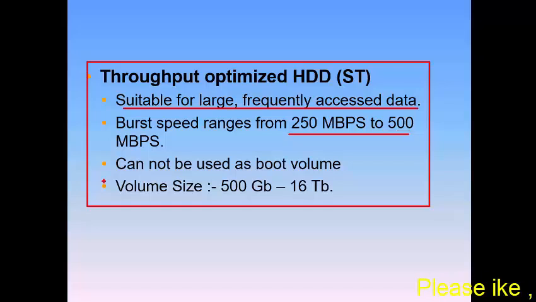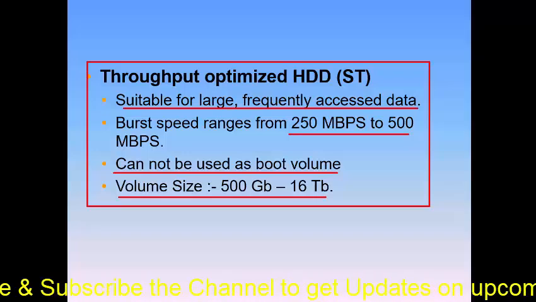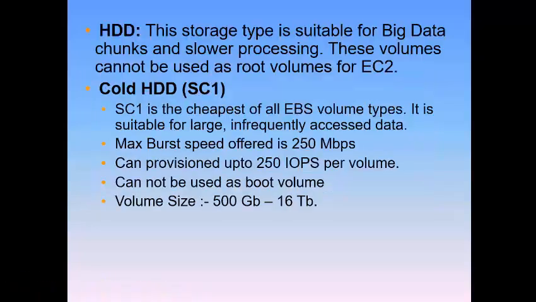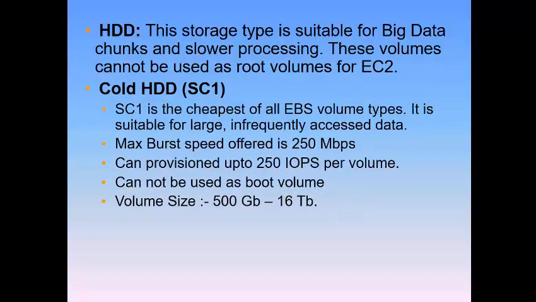This also cannot be used as a boot volume, and size is the same, 500 GB to 16 TB. That is the cold HDD, and this is the throughput optimized. Cold HDD was for infrequently accessed data and is the cheapest.